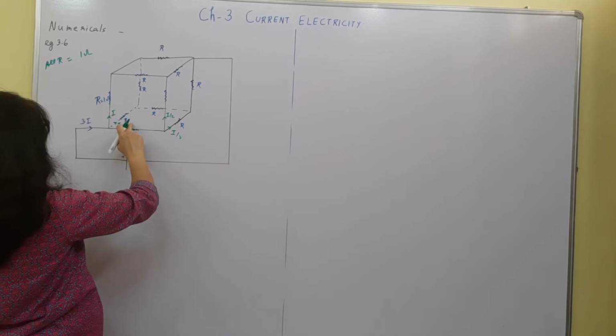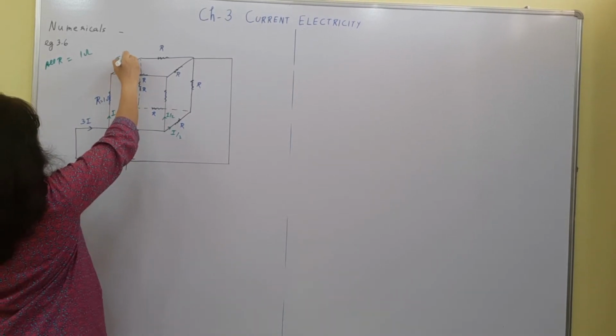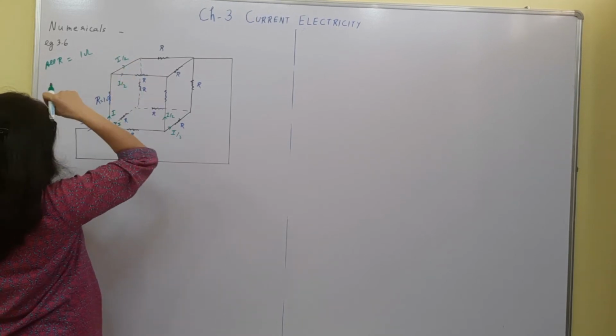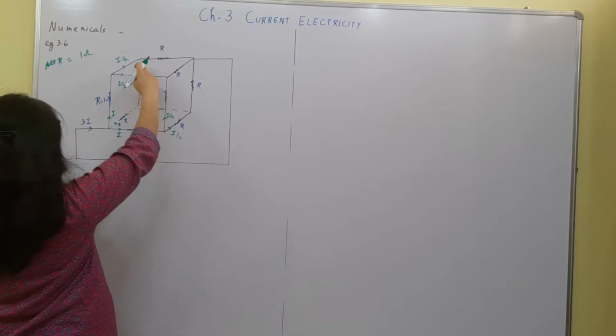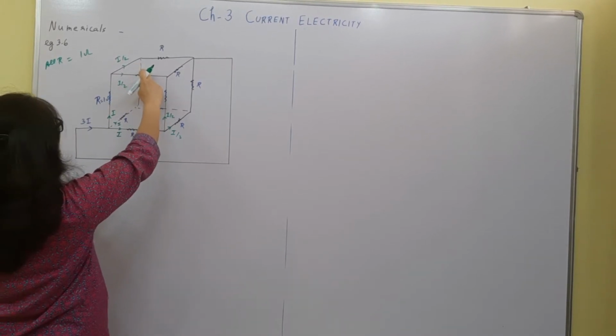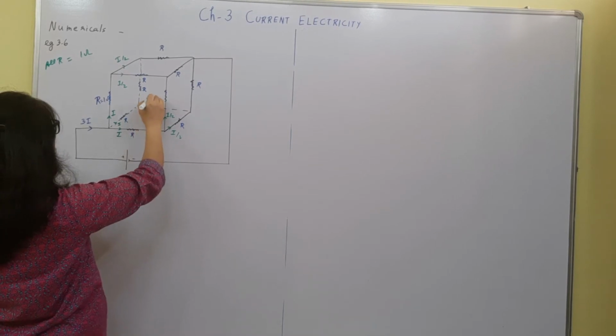Now if you look at this, this is I and here again I by 2, I by 2. Now here this is I by 2 coming here, so this is I by 2 again.